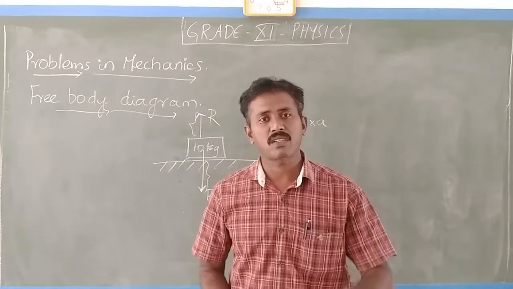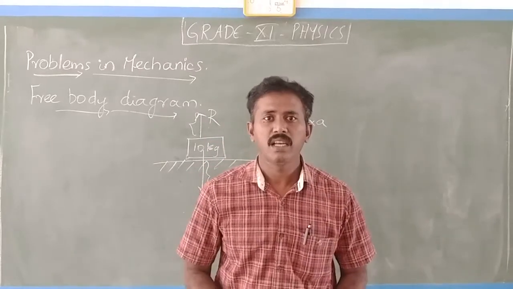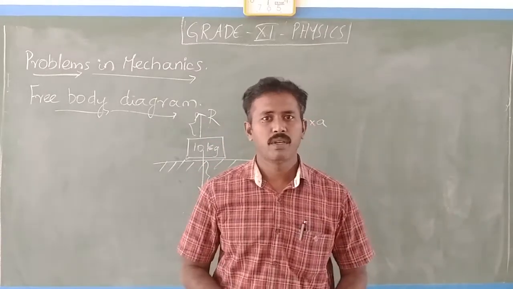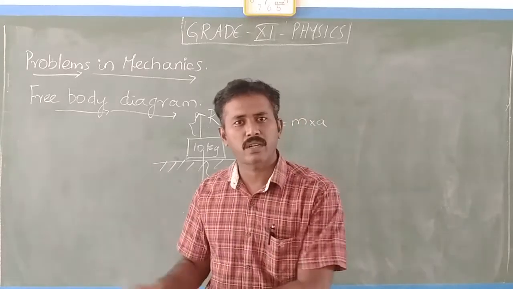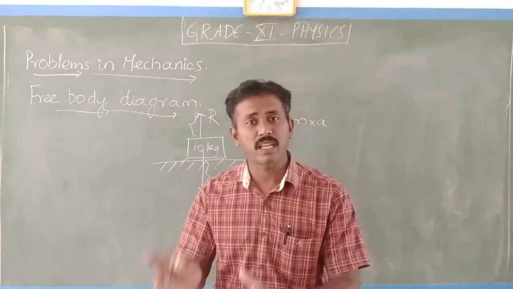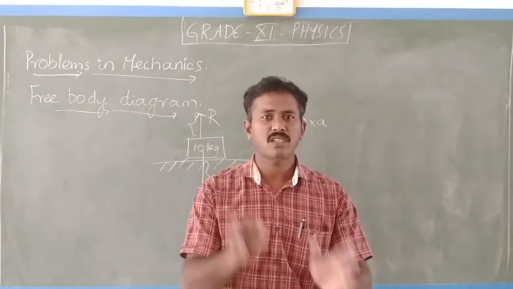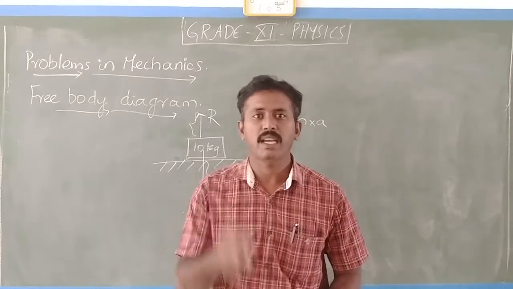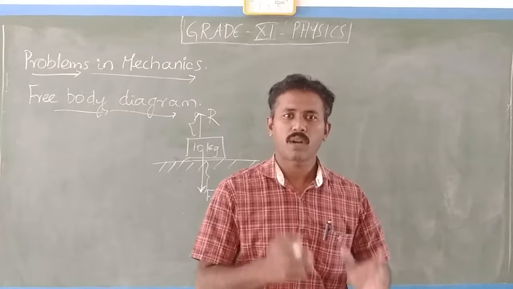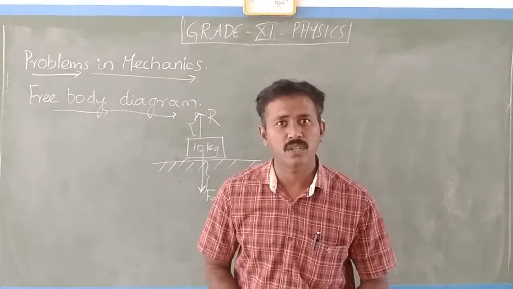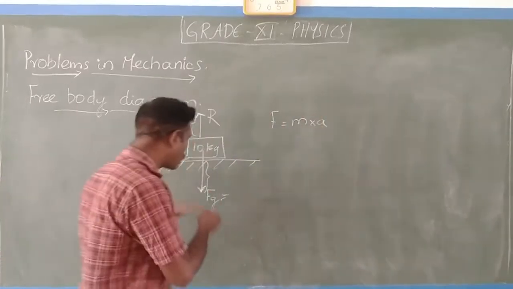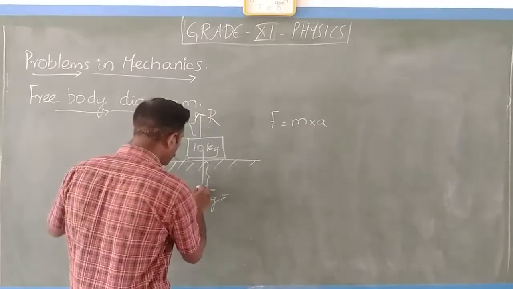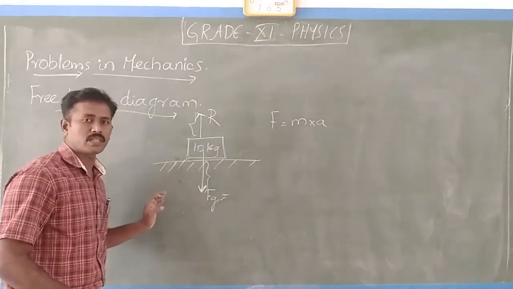And what is acceleration? Acceleration is the rate of change of velocity. Since acceleration is related to velocity and velocity is a vector, acceleration is also a vector and has a direction. So what is the direction of acceleration due to earth? This is the downward direction.